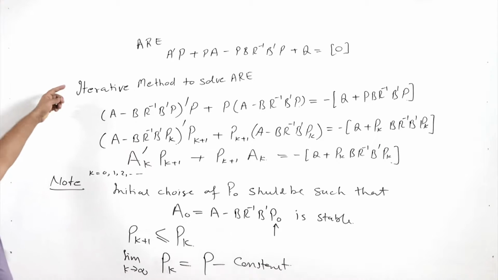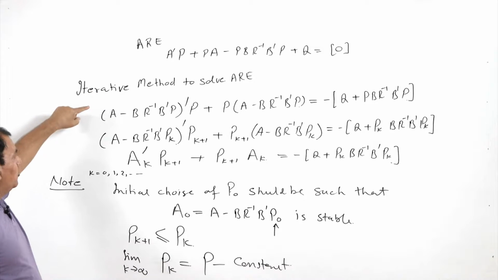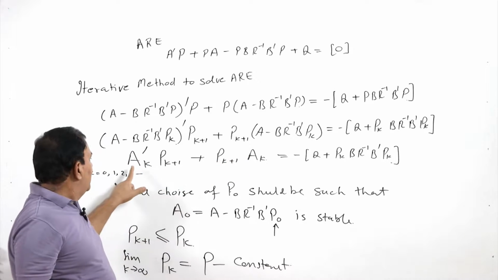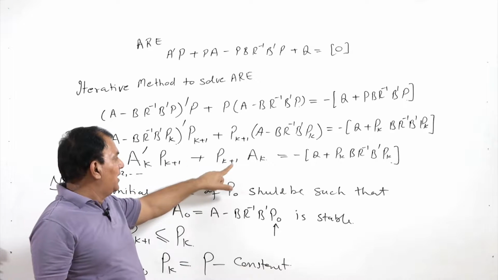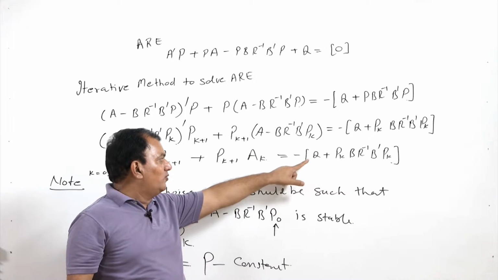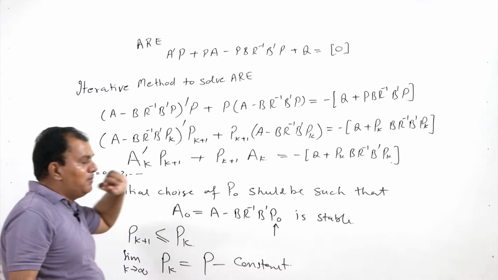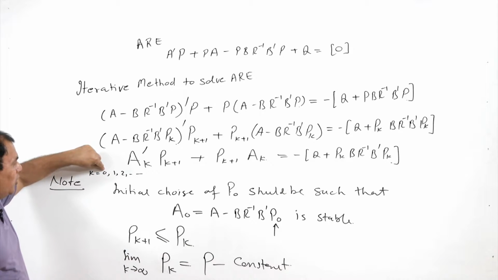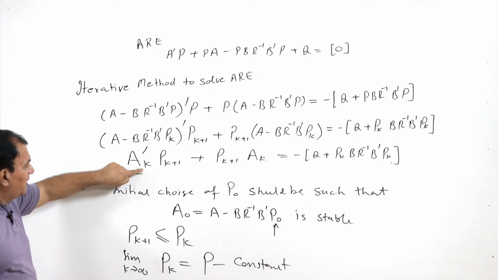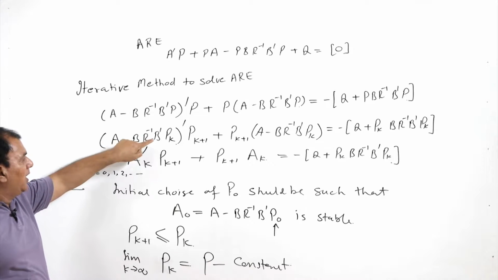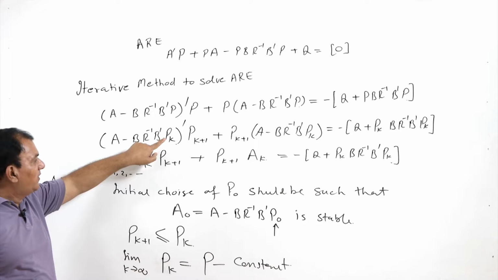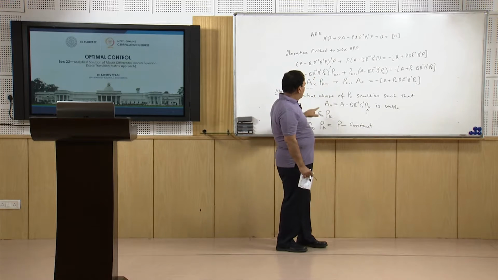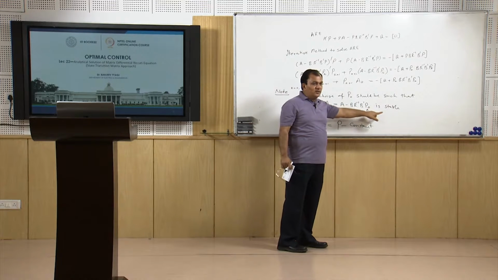So, we can see this may be one of the approaches to find the P. We set an iterative equation as Ak transpose Pk plus 1 plus Pk plus 1 Ak equal to minus Q plus Pk B R inverse B prime Pk. We start with the first iteration at k equal to 0. This means we first have to find A minus B R inverse B prime P0, and we select P0 as my initial guess such that my A0 matrix is stable.